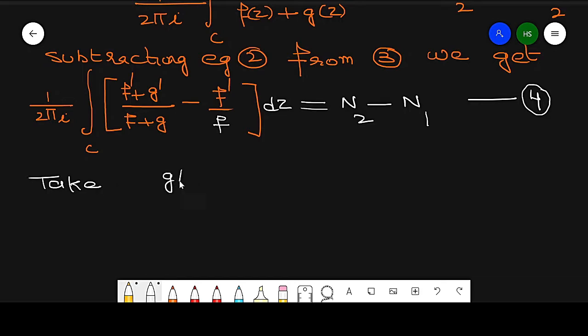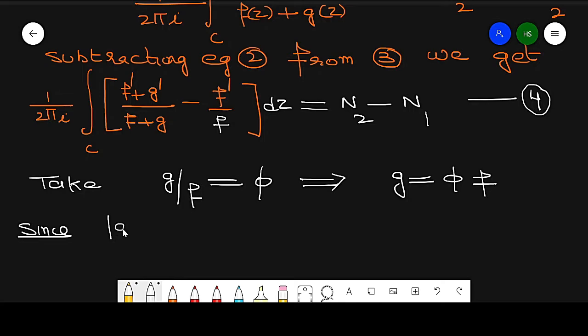Now, if I take g over f equal to a function phi, then it implies g is phi into f. Now, since we know that modulus of g is less than modulus of f, it implies modulus of g by f is less than 1.